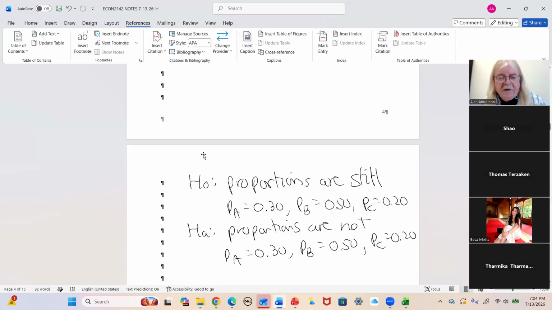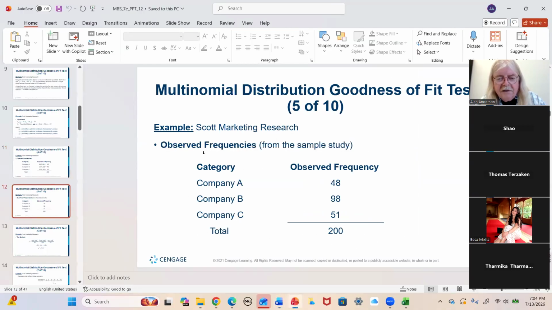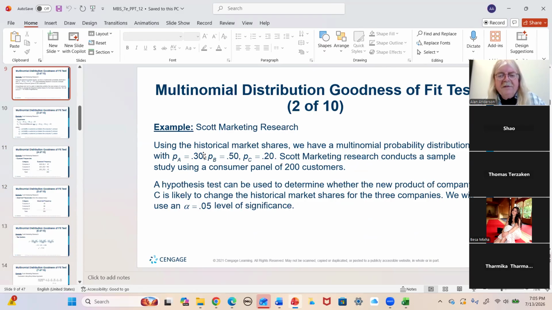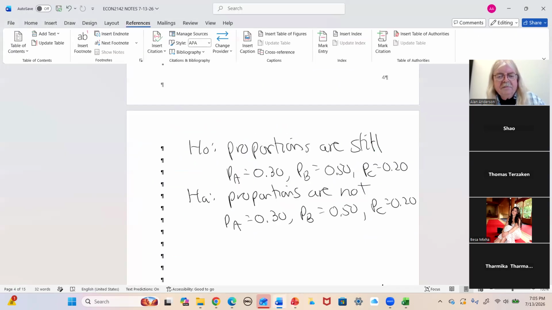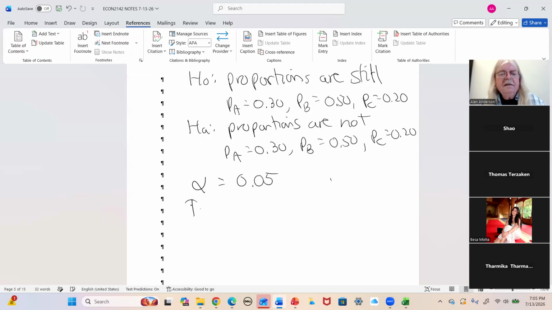All right. So now the alpha is 0.05, I believe. We don't want to spoil the surprise. Yes, 0.05. Test statistic, again.